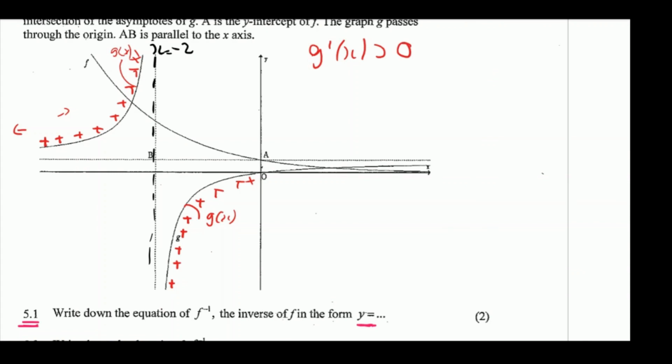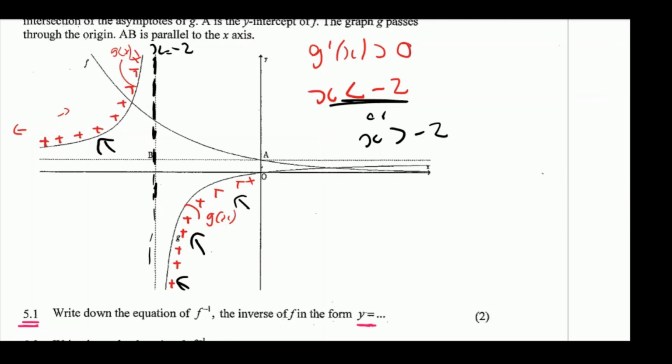So this means now that when x is less than -2, which is less than this asymptote of x is equals to -2, our graph is increasing, as you can see there. Or when x is greater than -2, our graph is still increasing, right? So those are the solutions of x. So these are the solutions that we are looking for.